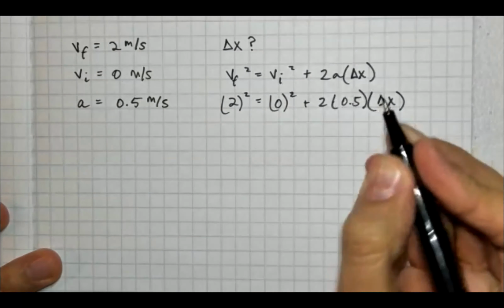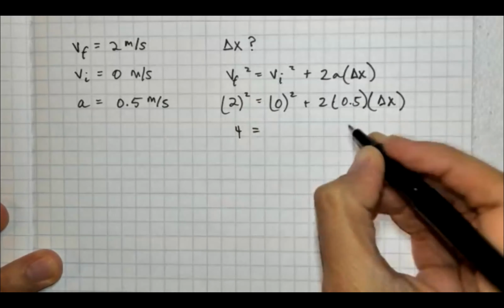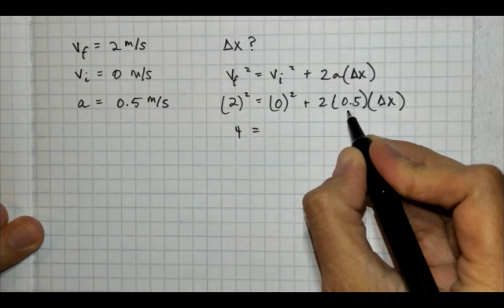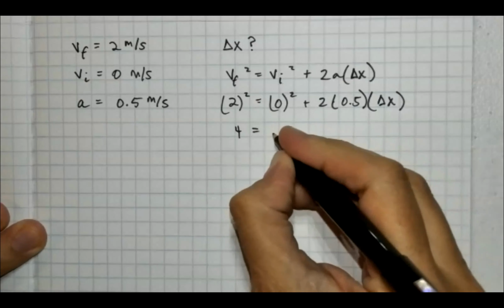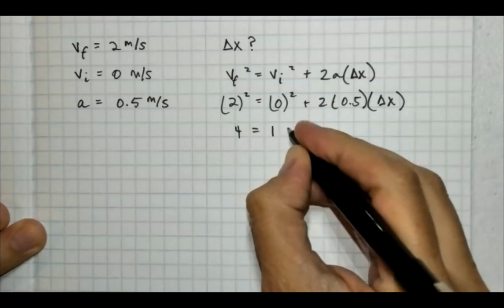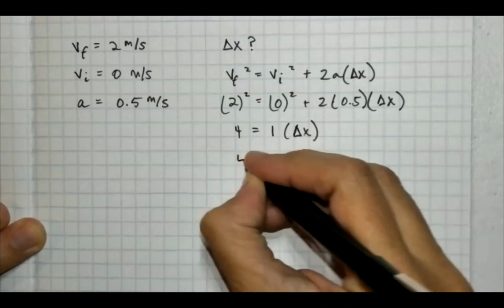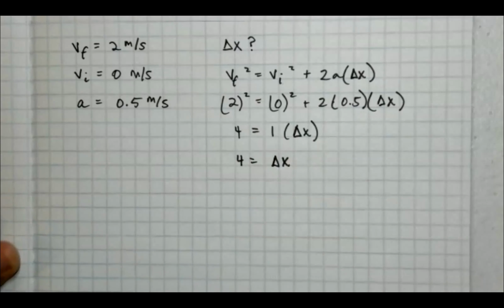I know that my 0 is 0. I can ignore that. 2 squared is 4. 2 times 0.5. Well, 0.5 is 1/2. 2 times 1/2 is 1. So I get 1 times the displacement. So my displacement is 4.